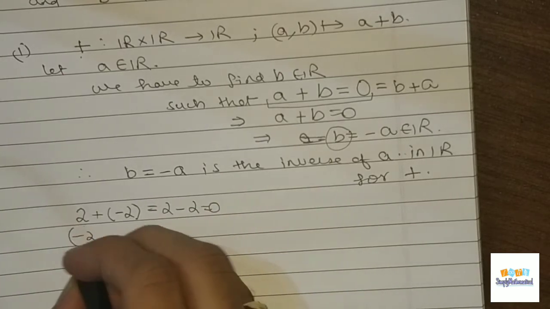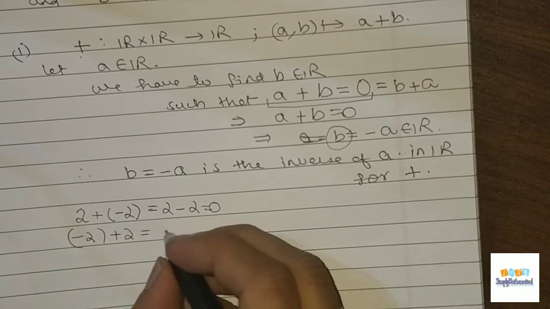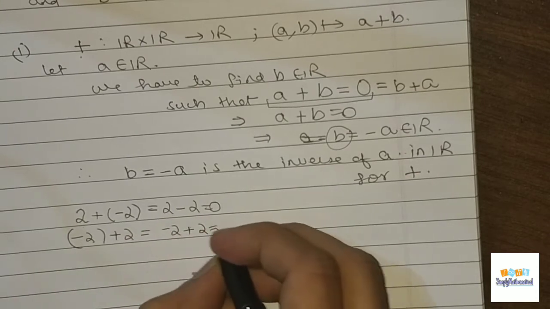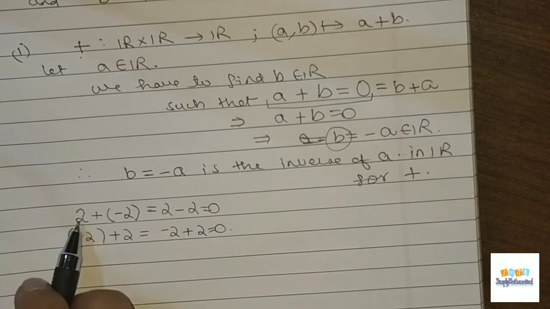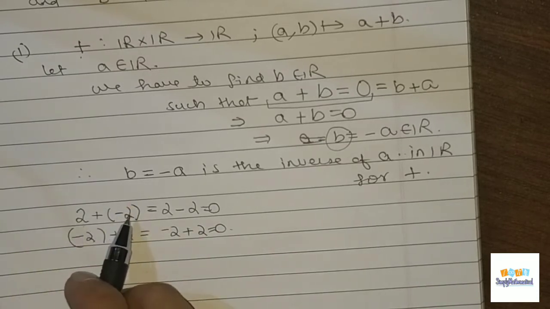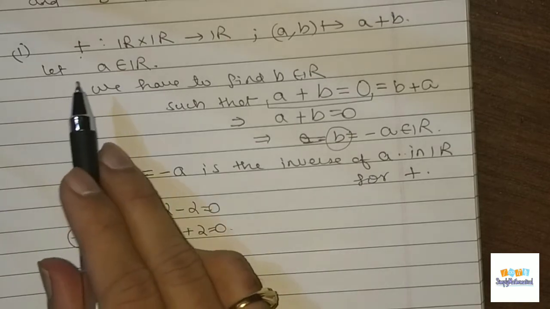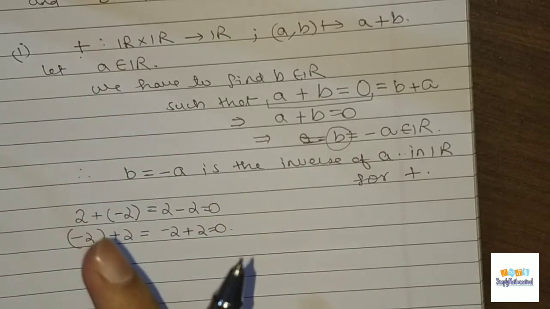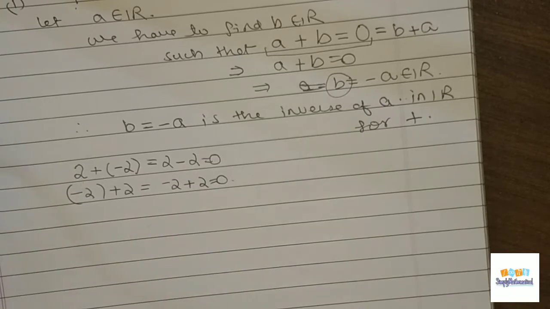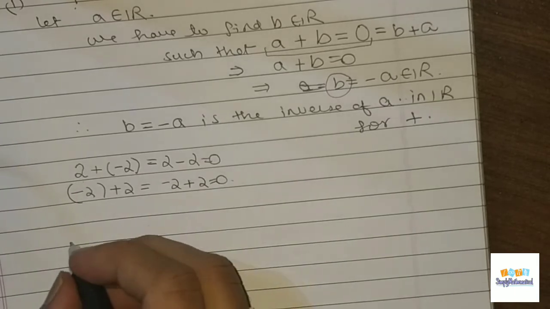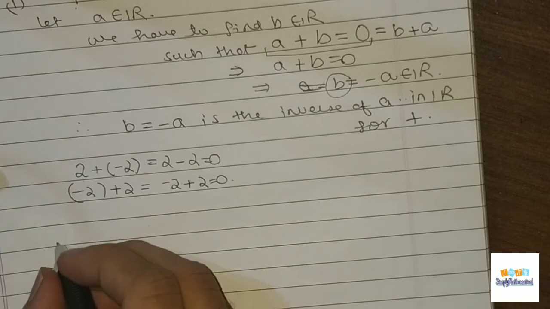Also if you take minus 2 plus 2, you get 0. So if you take a real number, the negative of that real number is the inverse element in the operation addition of real numbers. So that is the first example, where you have seen what an invertible element is and also found the inverse.